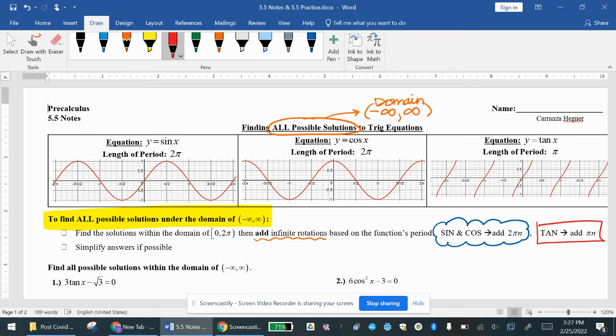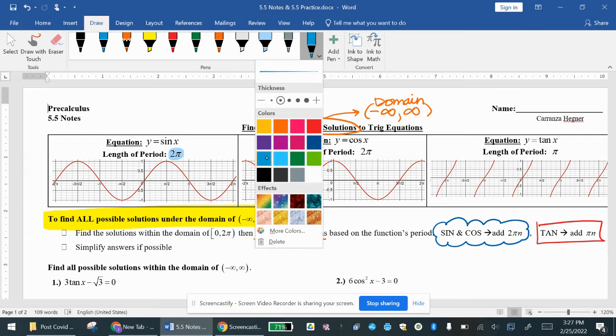So the length of a period for sine is 2 pi. So let me just kind of show you. The length of the period for sine is 2 pi because that's how often the curve repeats. Let me use different colors to show you.